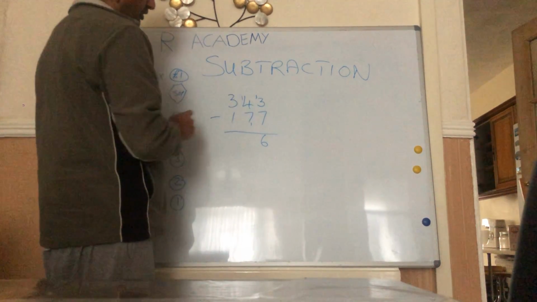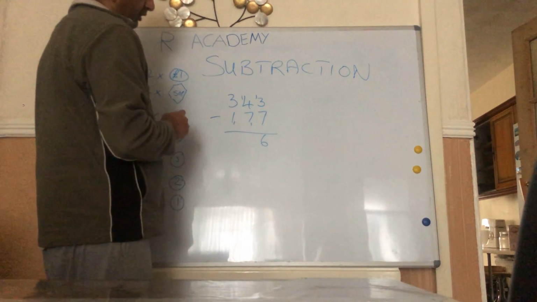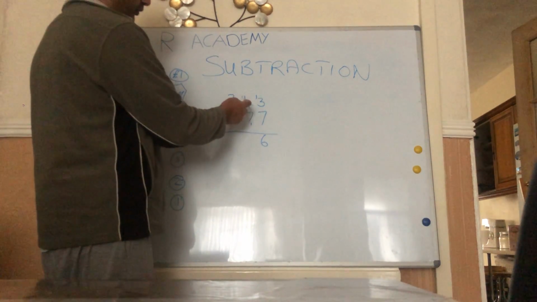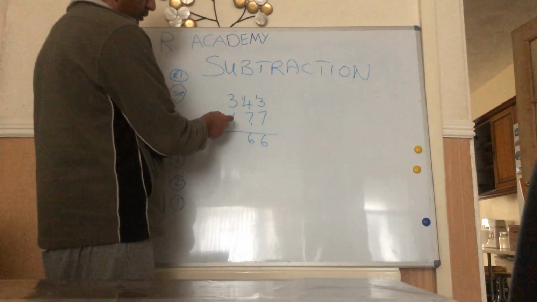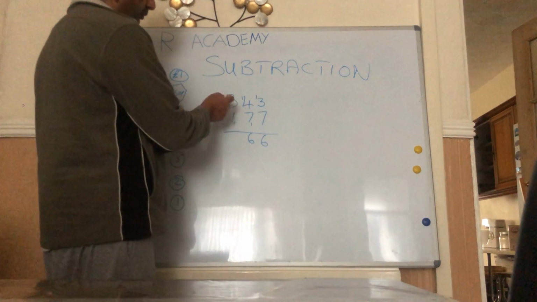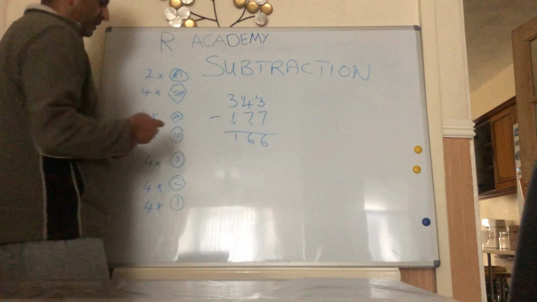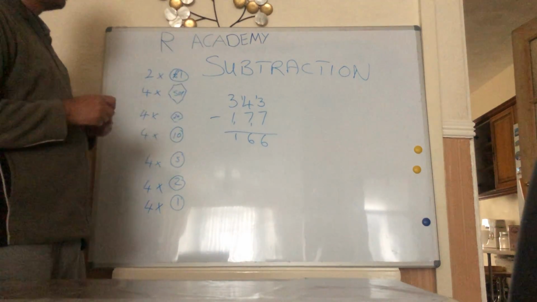So that becomes 14, and you bring another one back. Whatever you borrow, you have to give back on the bottom. So therefore, it's going to be 14 minus 8 is 6, and 1 plus 1, 2, from 3 is 1. So you still come up with the same answer, but it's with preference, whichever one you want to do.